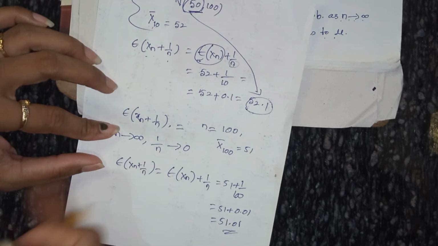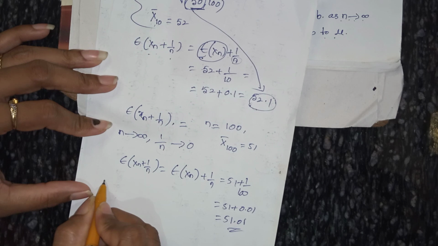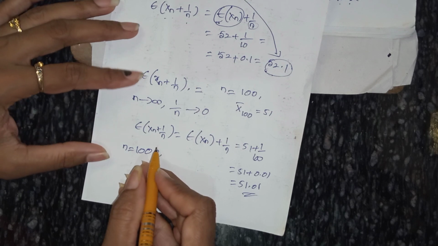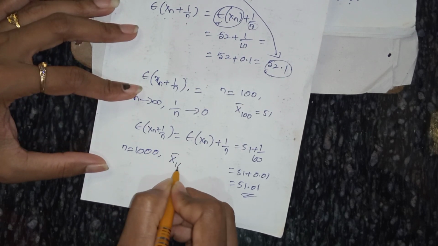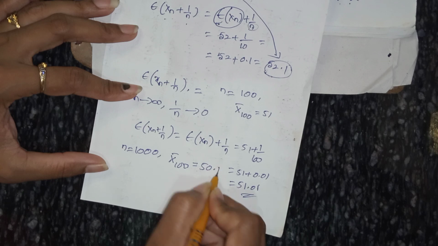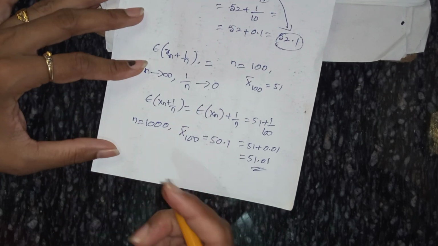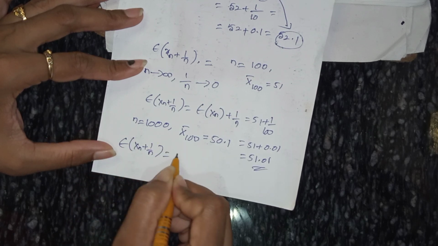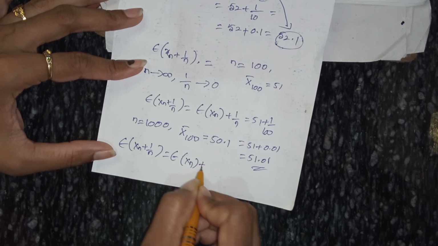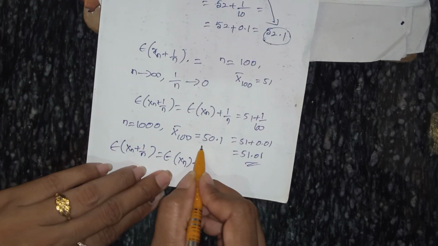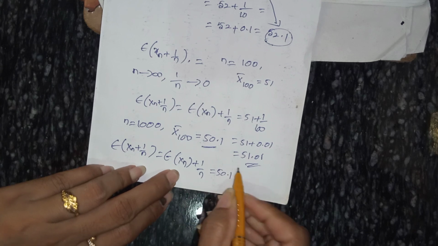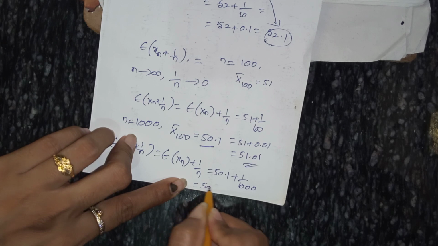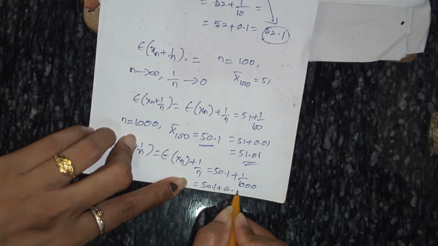Again I am taking n value 1000. If I take n as 1000, we'll see what happens. X bar I am taking as 50.1. So expectation of Xn is 50.1 plus 1 by 1000, which is 0.001.